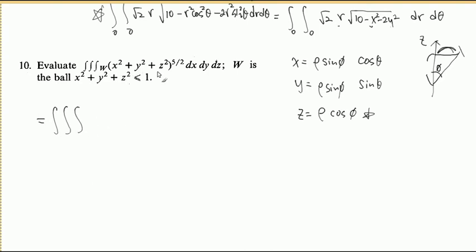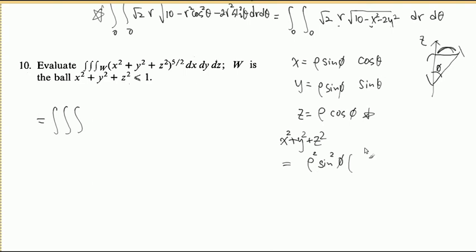All this x squared plus y squared plus z squared, you already know what that is. Actually, this is going to be rho squared, right? Let's witness that. x squared plus y squared, these two things have a common factor. As you square that, this pulls out as a common factor.